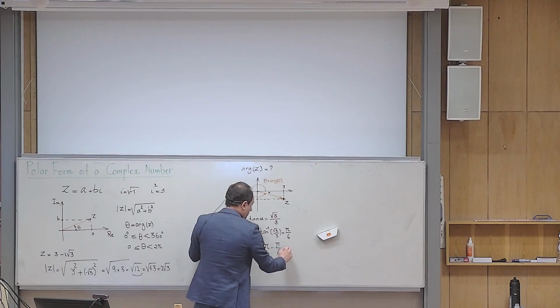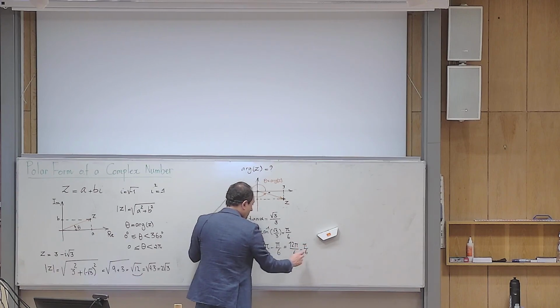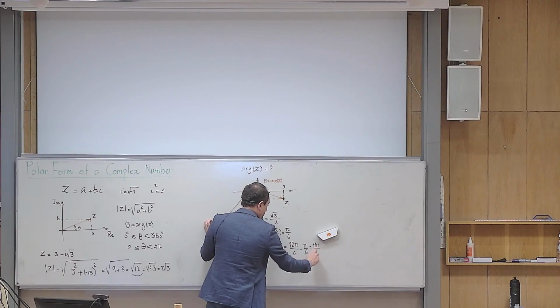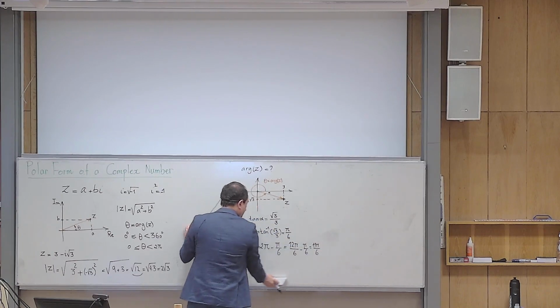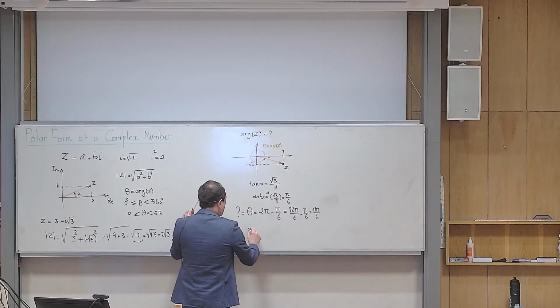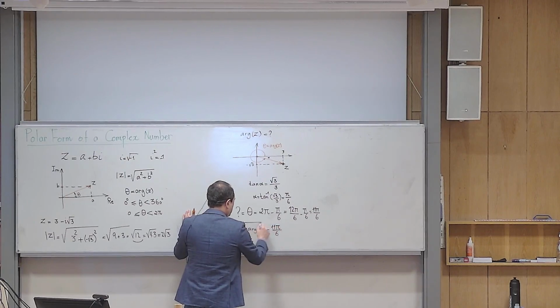And if you do the common denominator, it is 12 pi over 6 minus pi over 6. And this becomes 11 pi over 6. Okay? So the argument of z is simply 11 pi over 6.